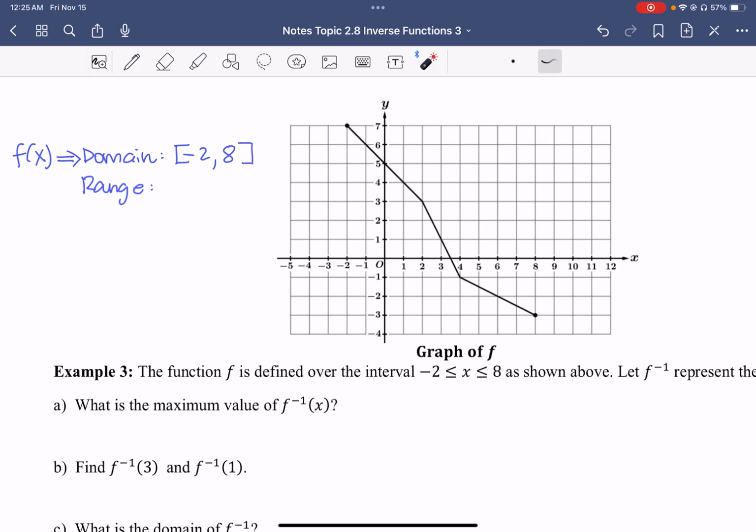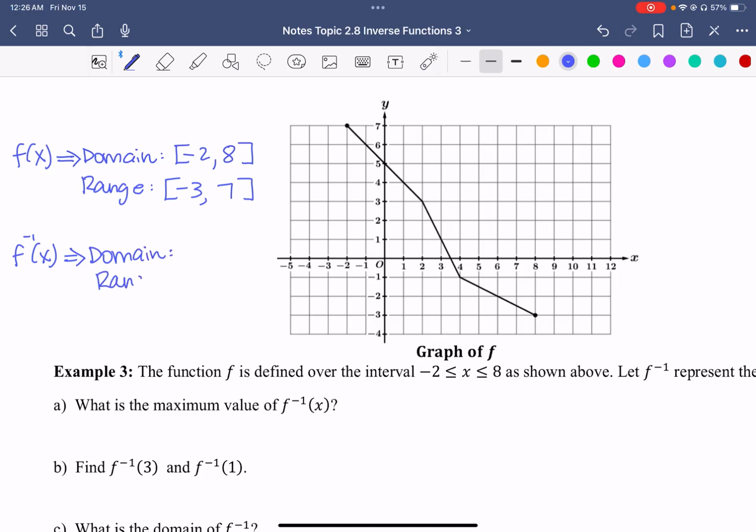And then the range, you can see it visually, the smallest y value was -3 and the largest was +7. So the range is -3 to +7. So for the inverse of f of x, your domain and range will be the ones we just found, but you're going to switch them. So the range becomes the domain, and the domain becomes the range, like so. Okay?